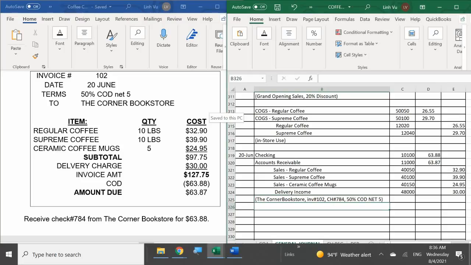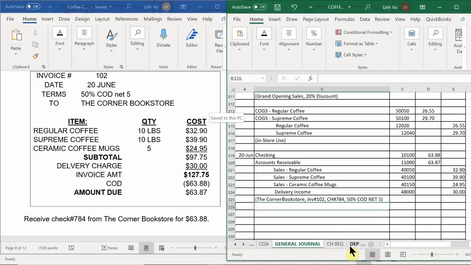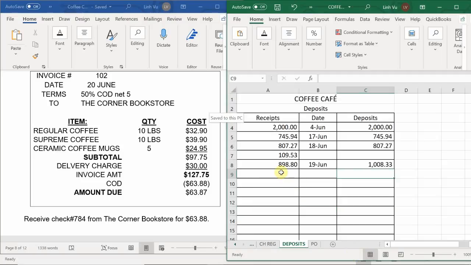Okay. Then we need to deposit the money for the $63.88. Now, I'm not going to deposit just yet. I'm going to wait to the very end, but I am going to record that I received the payment. Why would you wait to the end? Because there's only two people who are actually working at the store.